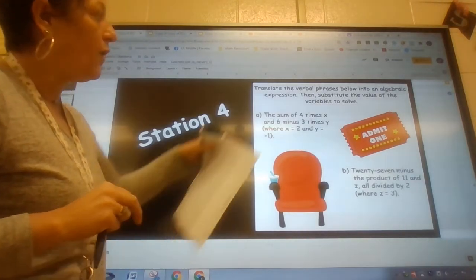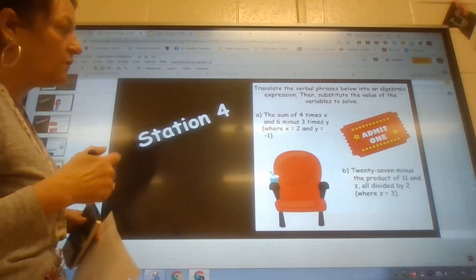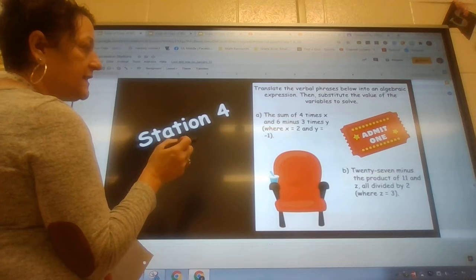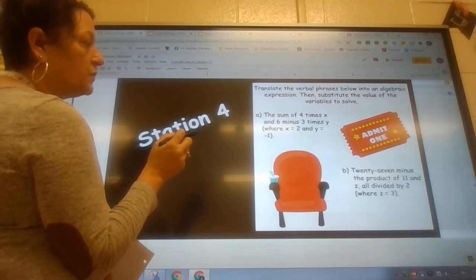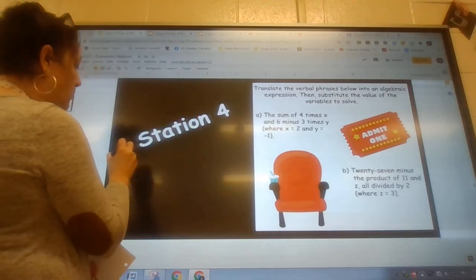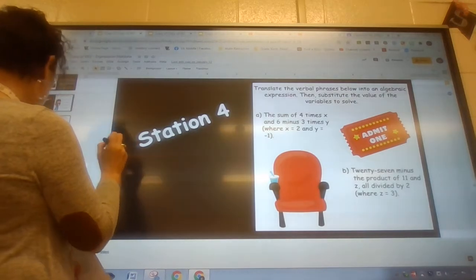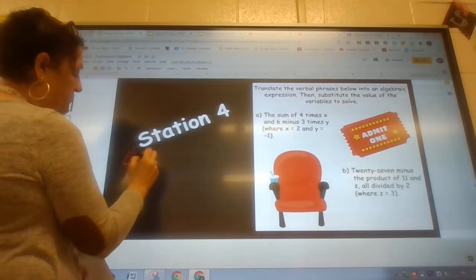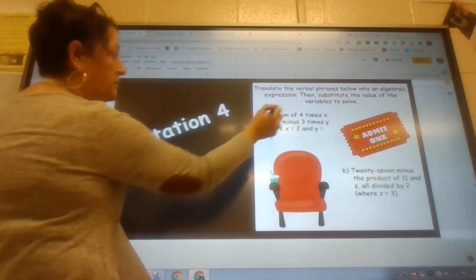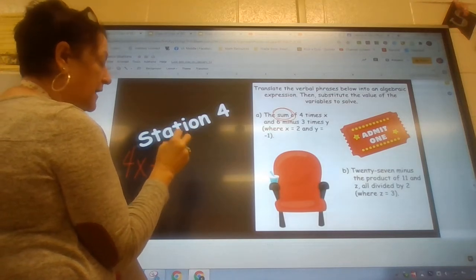All right? You're going to write your expression, then solve it. So A here, the sum of 4 times x and 6 minus 3 times y. The sum of 4 times x, that's 4x, and the sum, that's telling me the sum, and 6 minus 3 times y.